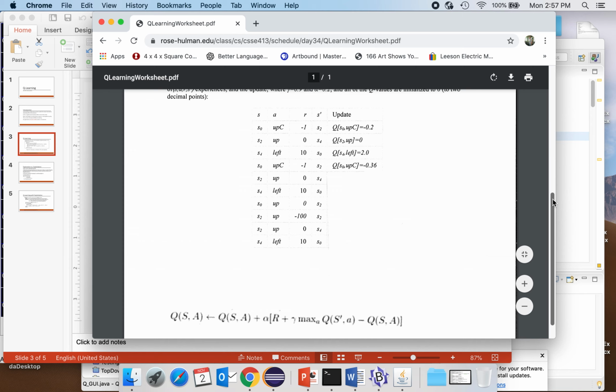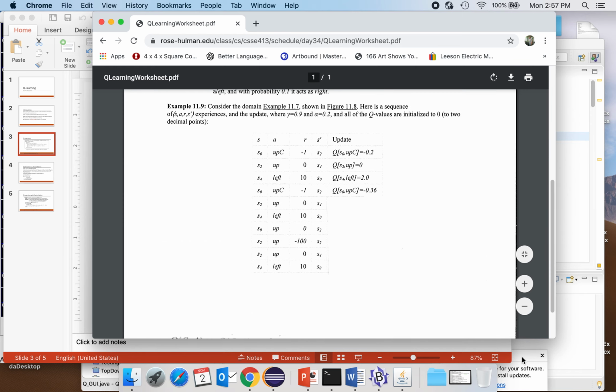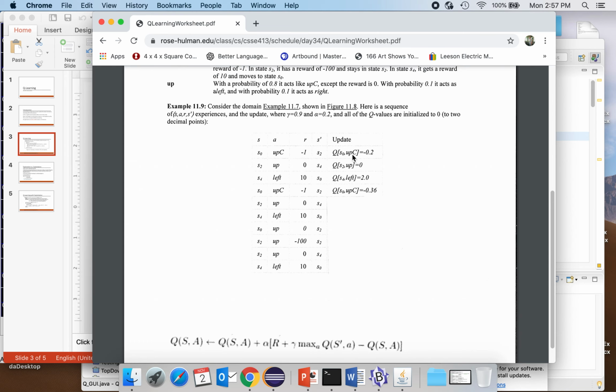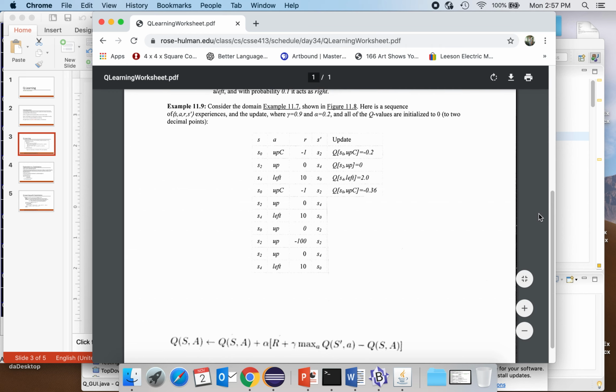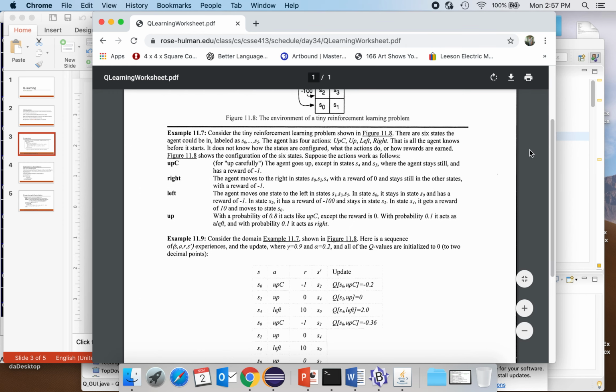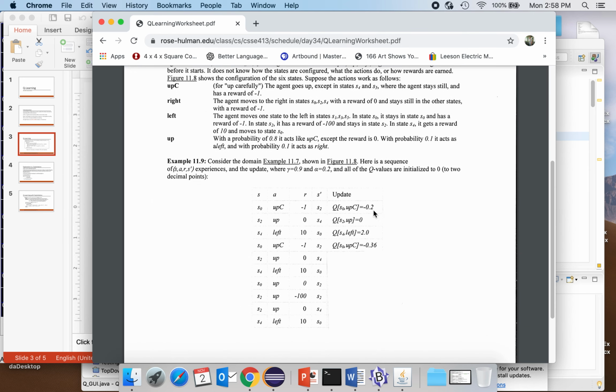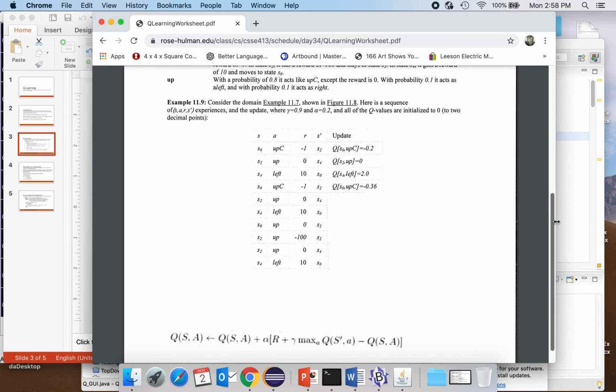All right, so let me make this a little bit larger so we can see a little bit more. We're in state S0, and we're going to do up C. So the action in state S0 is up C, the reward is -1, and we're going to end up in state S2. Just to remind you, in S0, we go up, there's a reward of -1, and this is deterministic, not a stochastic transition function. So how do we calculate the -0.2?